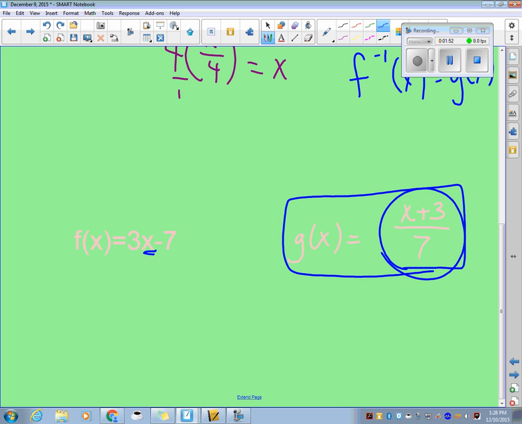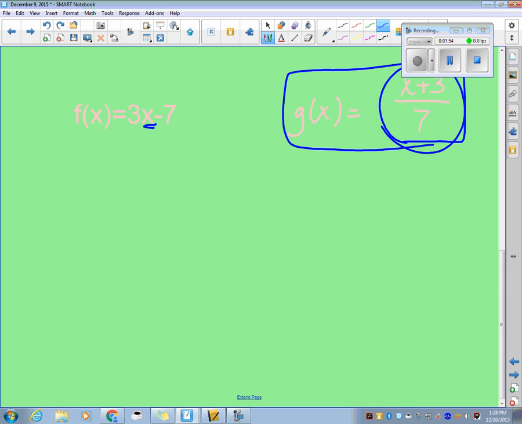And again, if I simplify that and I get x, these are going to be inverses. So 3 times x plus 3 over 7, because that's my new x, minus 7. So again, this is my new x.